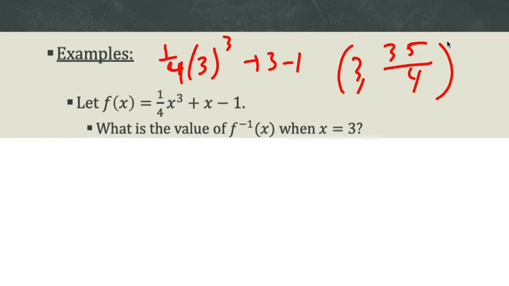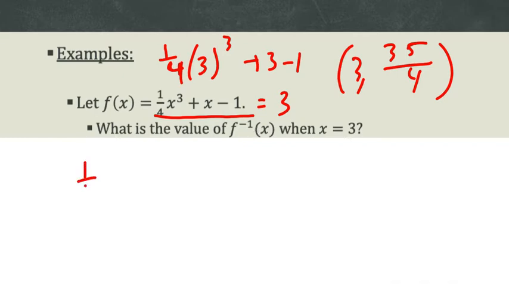Now, if you were asked to find the inverse, we're asked to switch these, but we're not just going to switch the x and y here. What we're going to do is see where this graph equals 3. Because f inverse of x, when x is 3, asks for the y value, so the x value becomes the y value.